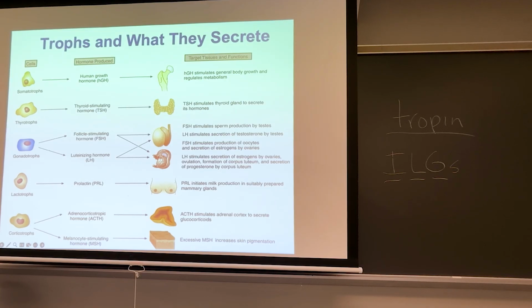So insulin-like growth factors are hormones that cause, for example, body growth. They help cause mitosis at the growth plates, for example, during adolescence, along with the sex hormones. They cause growth.